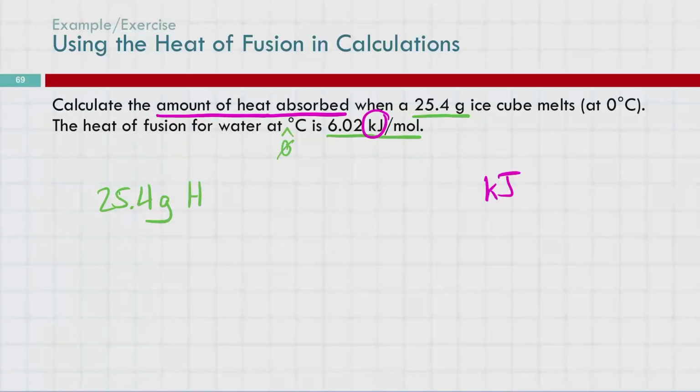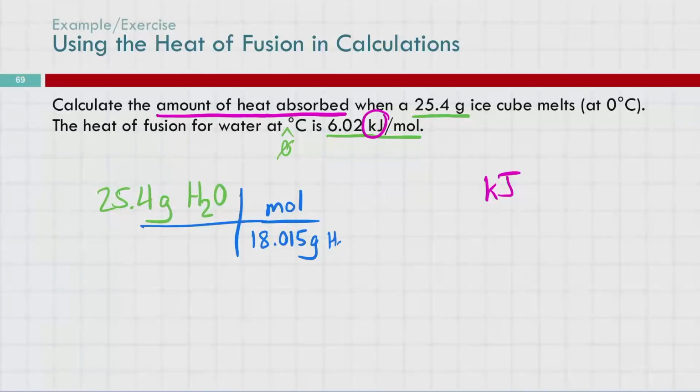So this is grams of water, H2O, ice cube, water, not the wrapper. And so we need what to get to moles of H2O? Molar mass. So we need a molar mass for water. It's 18.015 grams per mole. We'll add the H2O labels on there and a 1 just to be completely robust.